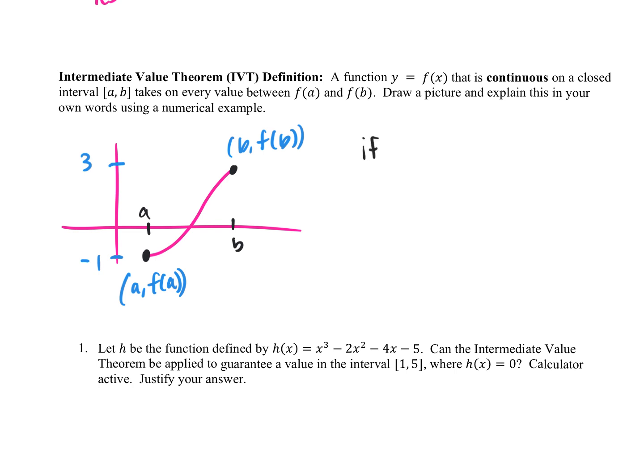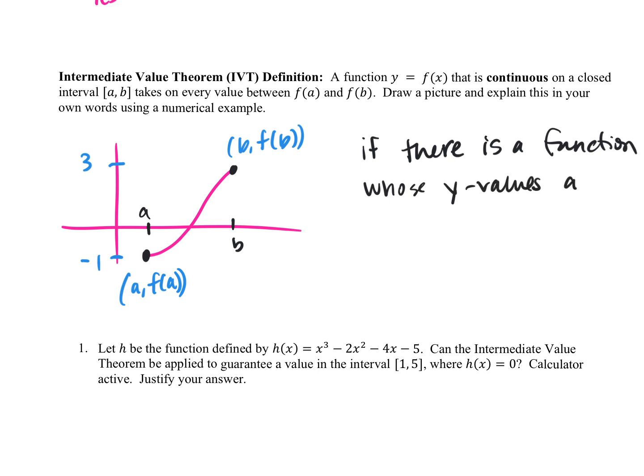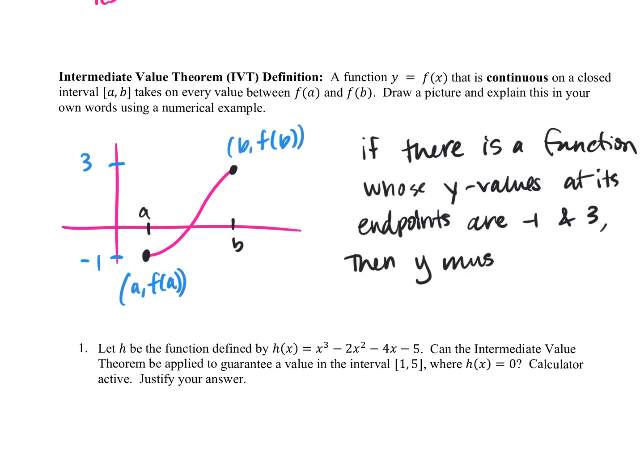Let's put this in some terms that might help us. I'm going to say if there is a function whose y values at its endpoints are, as Lobley said, -1 and 3, thank you, Mark, then y must also equal everything in between, you guys.